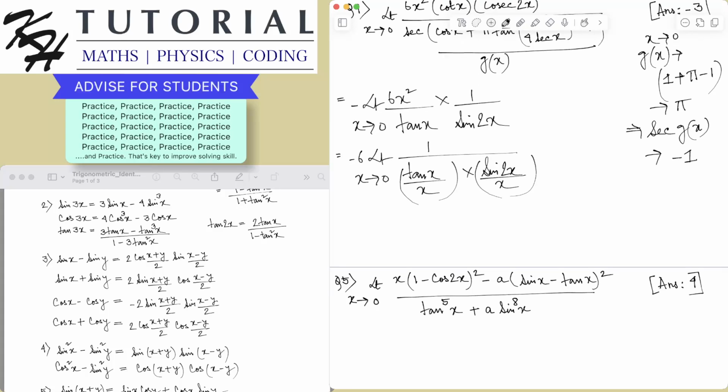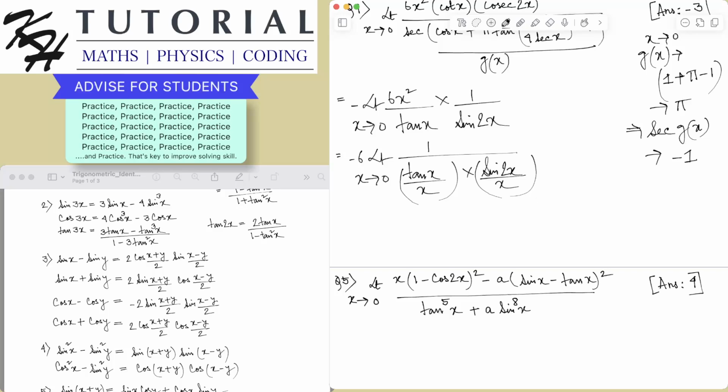Now the limiting value of tan x by x when x tends to 0 is 1, but we have to simplify sine 2x by x. Remember, the standard result is sine f(x) by f(x), as x tends to 0, is 1.